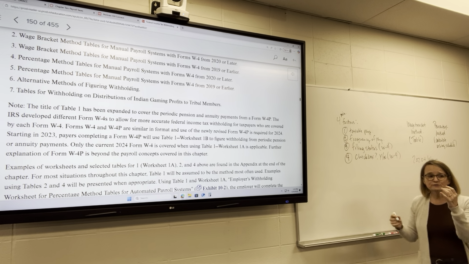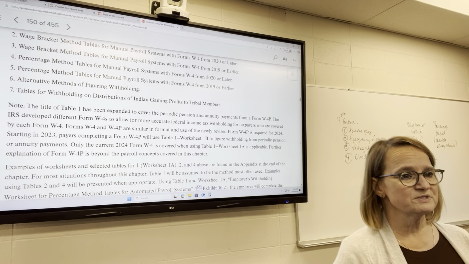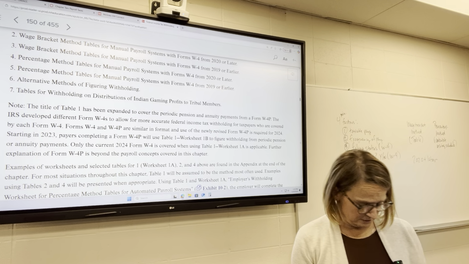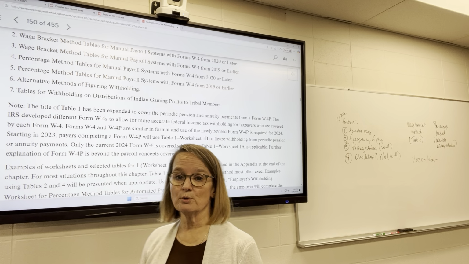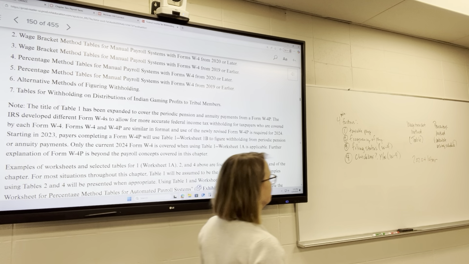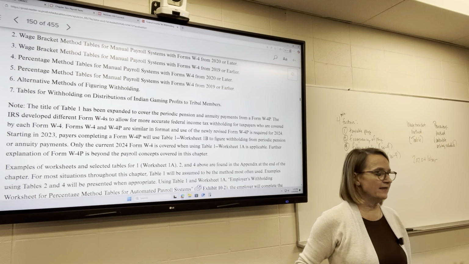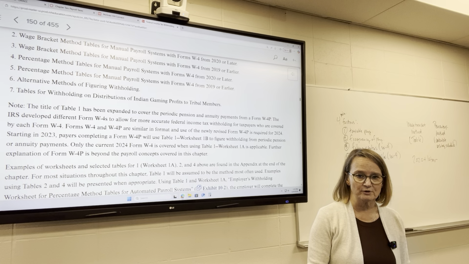The reason they include the information about 2019 and earlier is because there are still W-4 forms floating around out there for employees that are from 2019. They haven't changed them. Maybe nothing in their life has changed since 2019 or before, and they haven't filled out a new W-4 form.